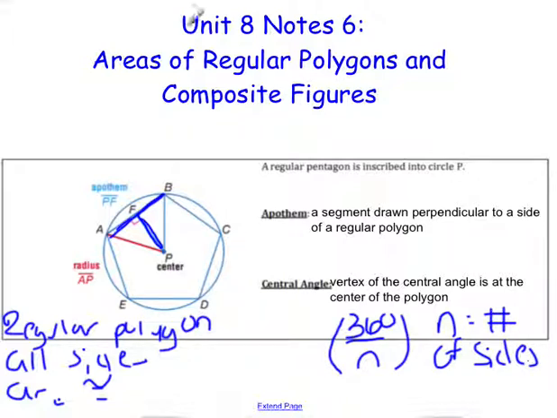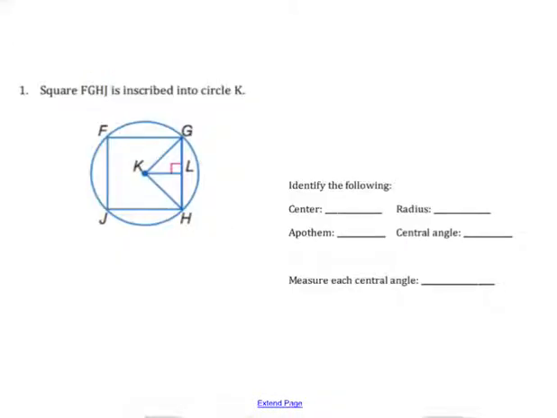Let's take a look at number 1. Square FGHJ is inscribed in a circle K. We first want to identify the center of the square and the circle, and our center is going to be at K. Our radius extends from the center out to the circle, so our radius could be KG or KH.